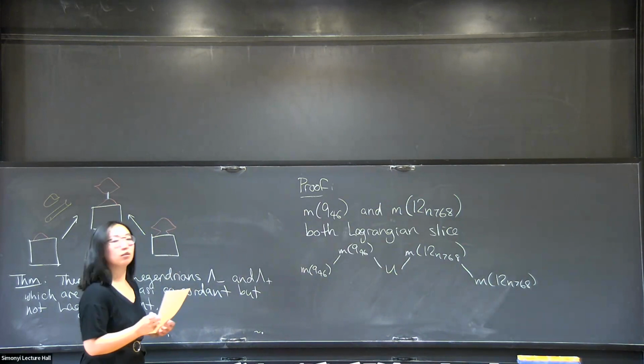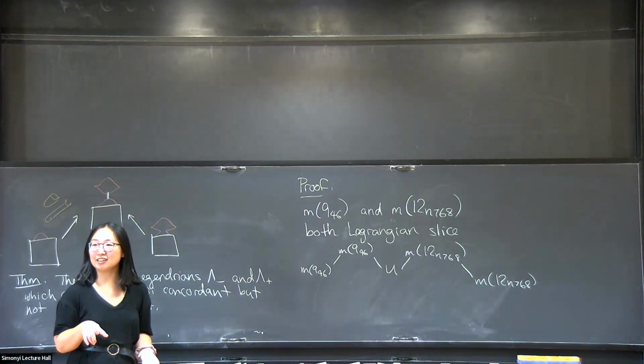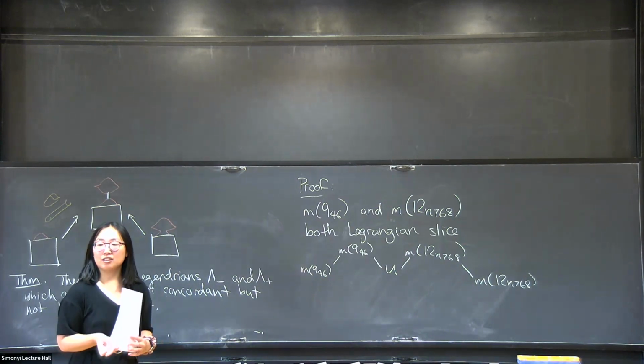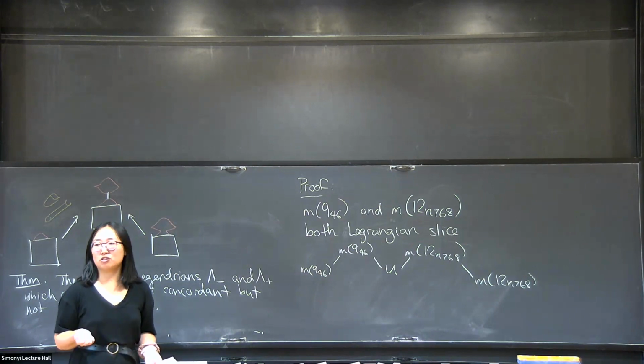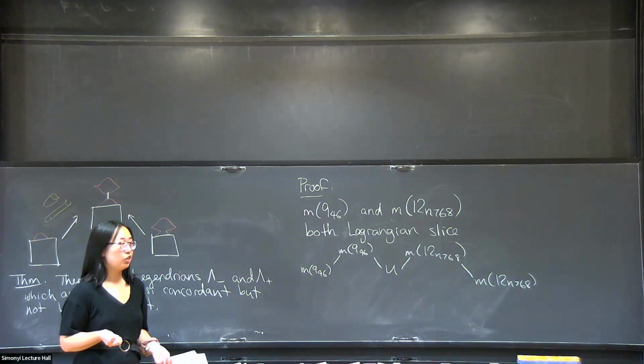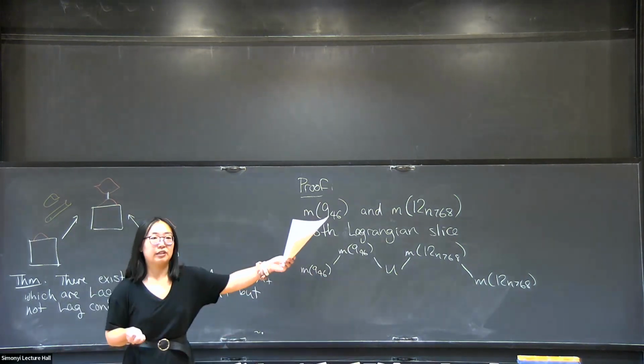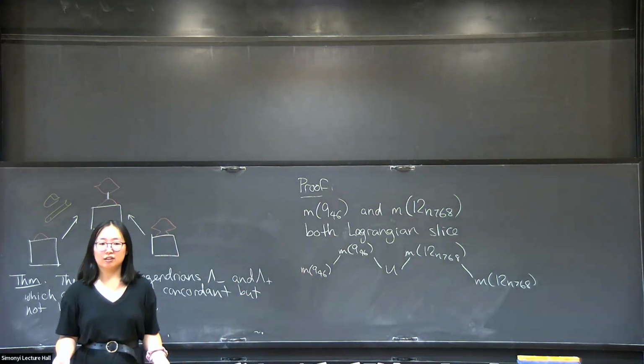How do people find Lagrangian slice knots? Do they just check all the slice knots? Yeah, I think the strategy is to check the slice knots, check the classical invariants, and then try to construct something.